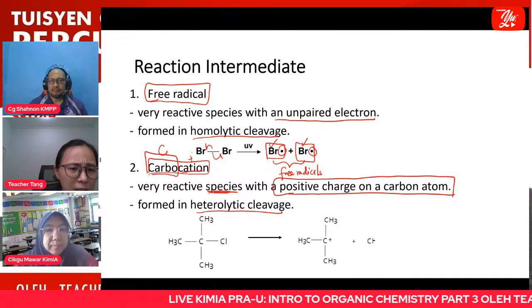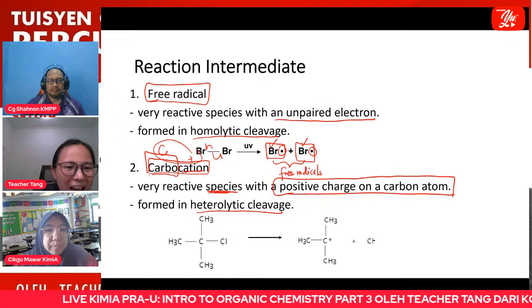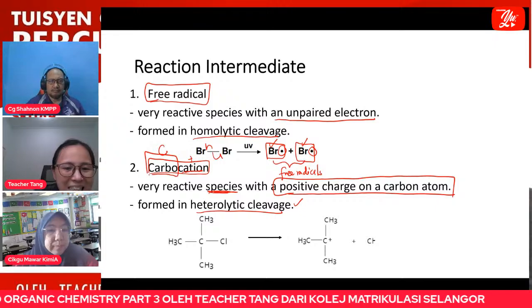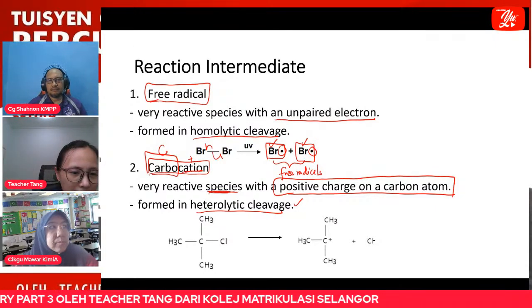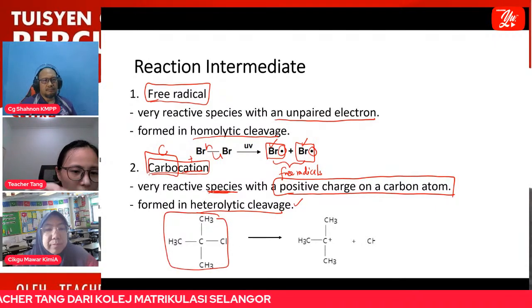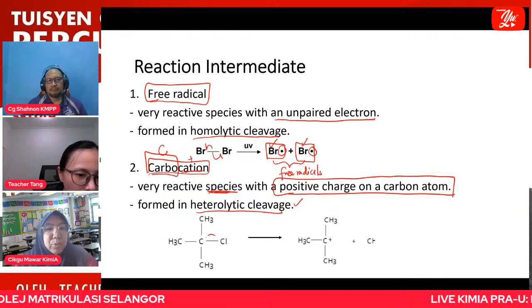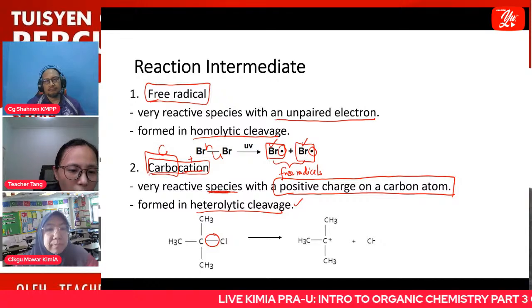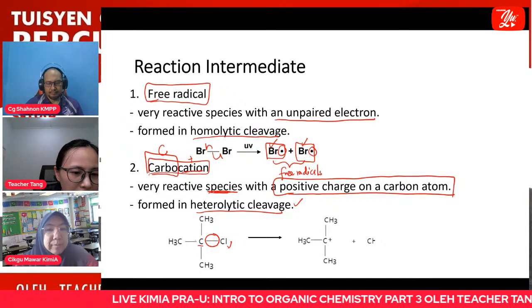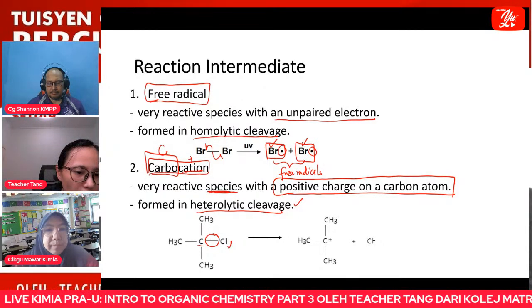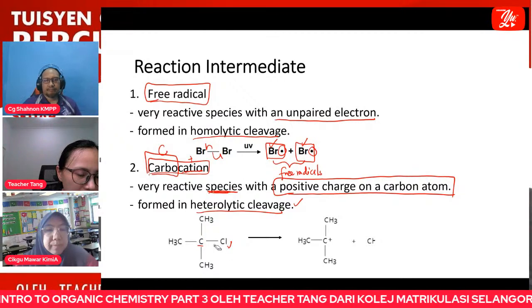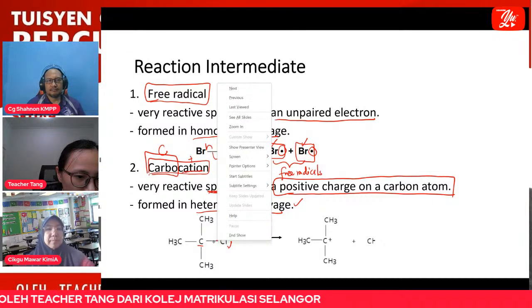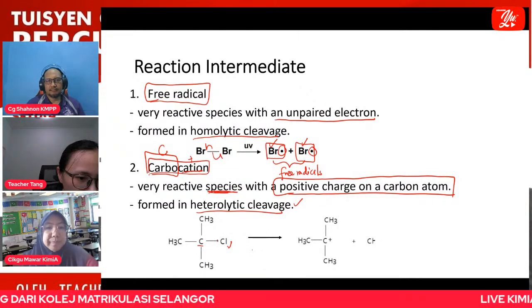Carbocation is positively charged, so it is a type of cation, so it must be formed from heterolytic cleavage. For example, in this species here, can you see that this bond is a polar bond? Chlorine is more electronegative than carbon. Therefore, this bond is polar, and the shared pair of electrons is closer to the chlorine.